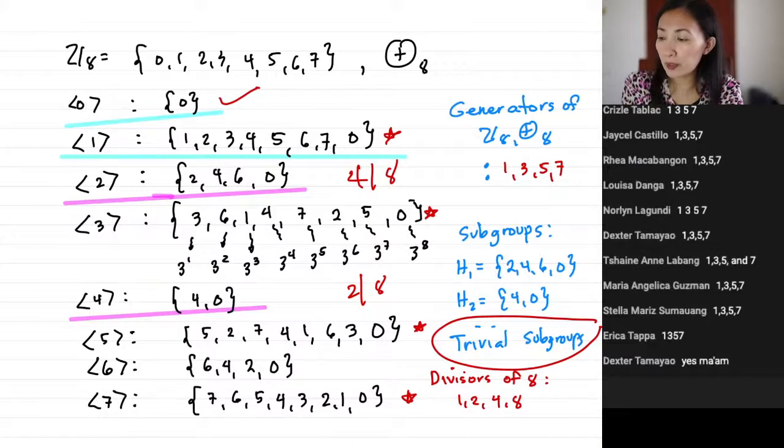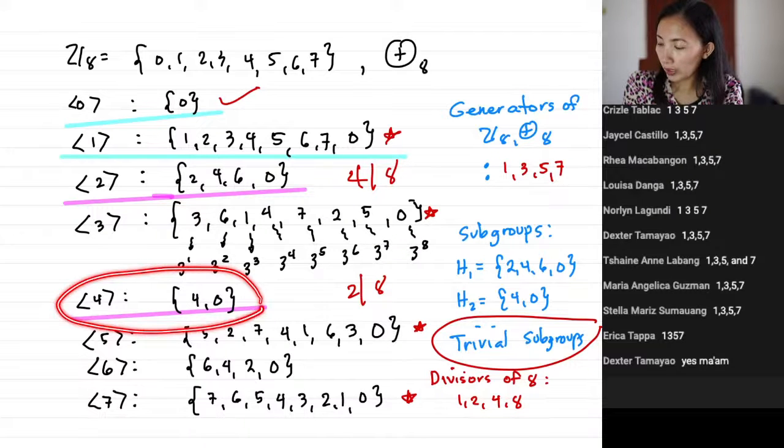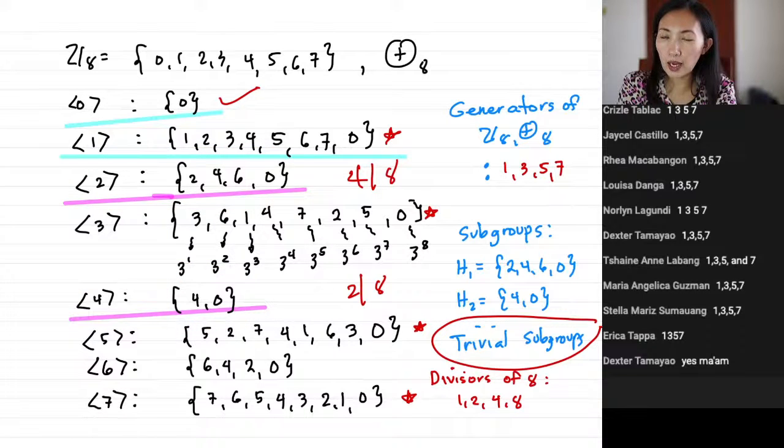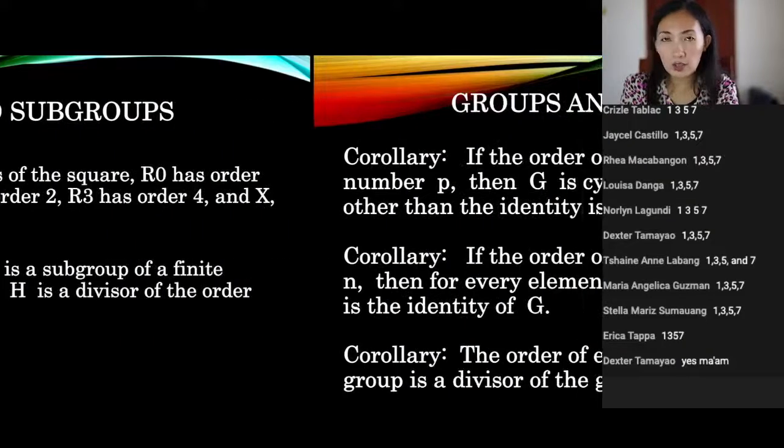The subgroup may contain 1 element, 2 elements, 4 elements, or 8 elements. Ito at saka ito, yun yung trivial subgroup natin. True enough, ano yung mga subgroup na na-generate natin? This one, order 2. And this one, order 4. Is that understood? I hope you understood that. That's the essence of the Lagrange Theorem.